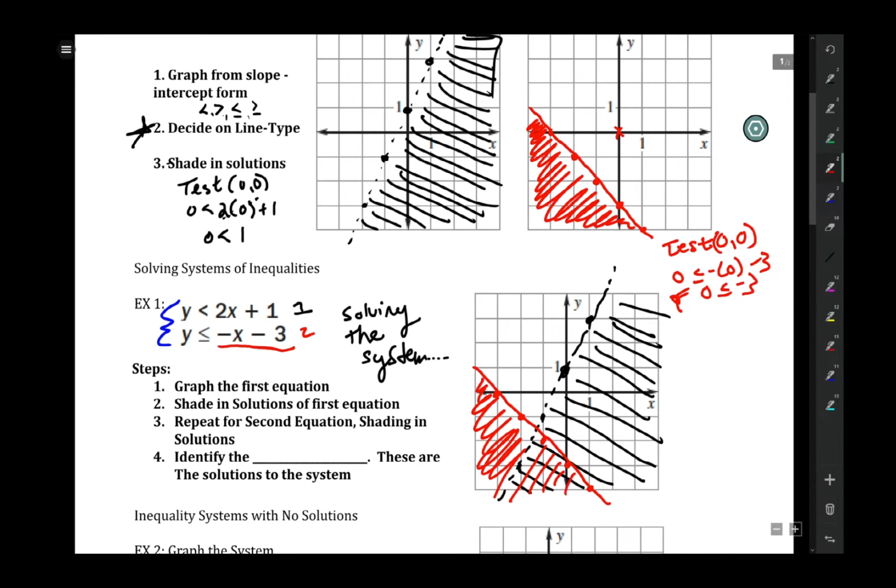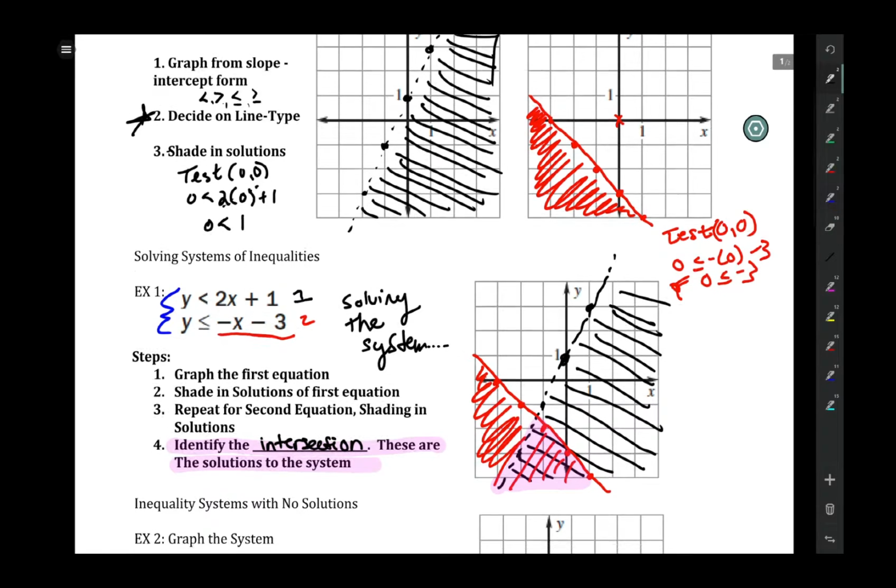The only difference is now we want to know the intersection of both shaded regions, which is in pink. So identify the intersection. Those are the solutions to your system. Okay? Really easy: graphing both of them and then shading. So it can get kind of fun with the coloring.